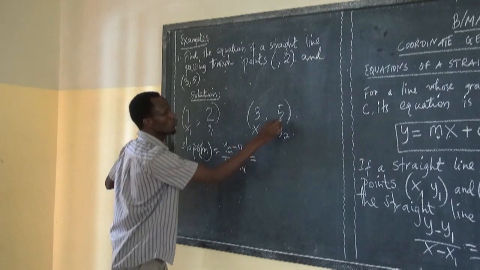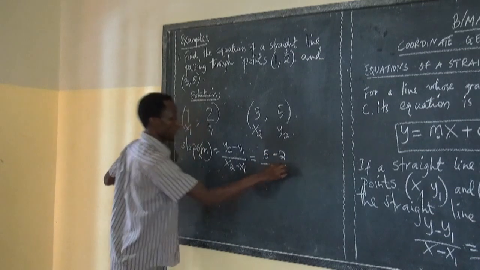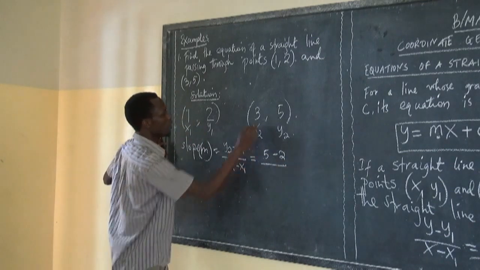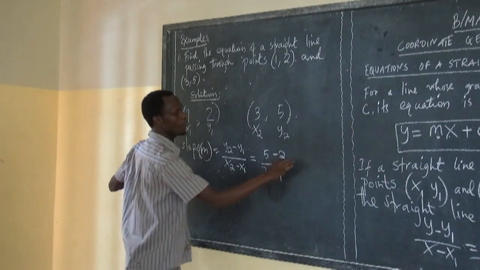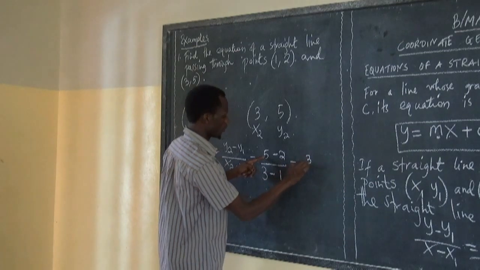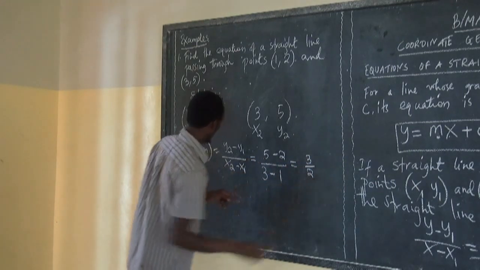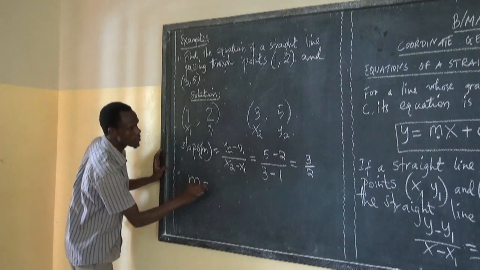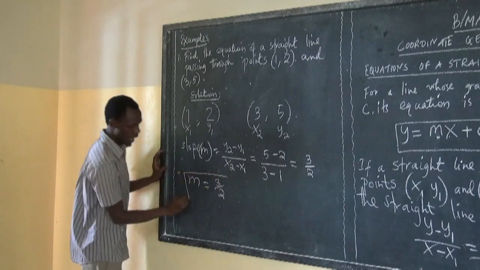Now y2 is 5 and y1 is 2, over x2, which is 3, minus x1, which is 1. We have 5 minus 2, which is equal to 3, and here we have 2. Now our slope m is equal to 3 over 2.